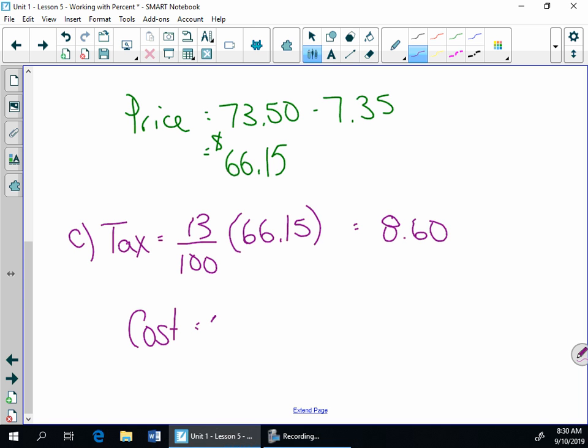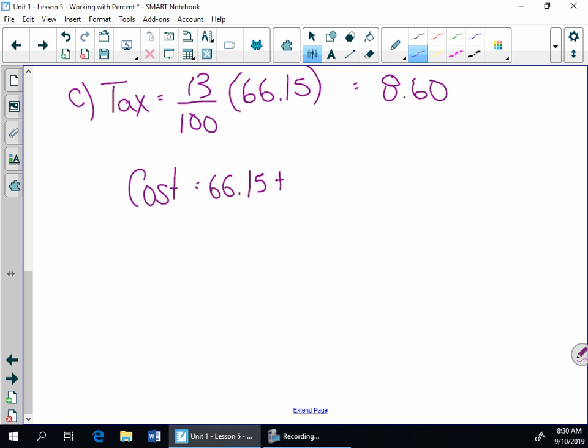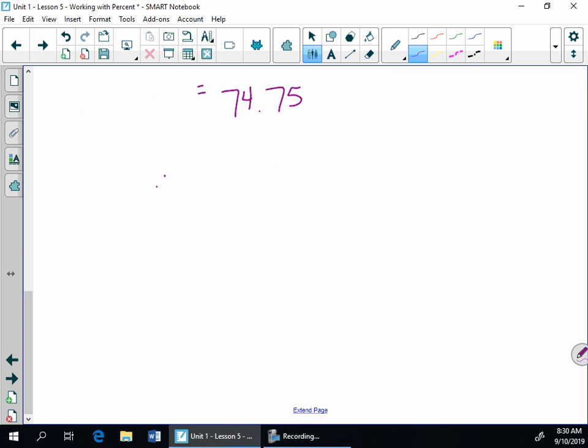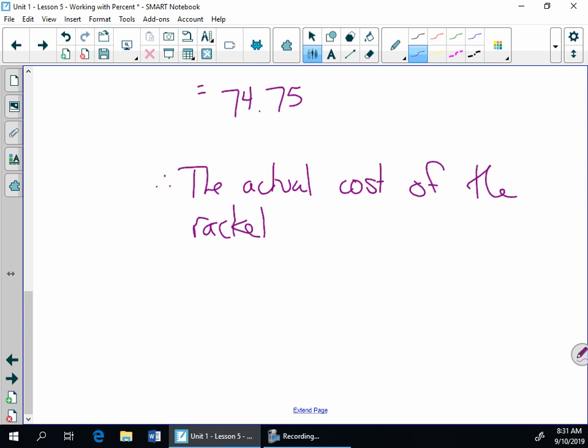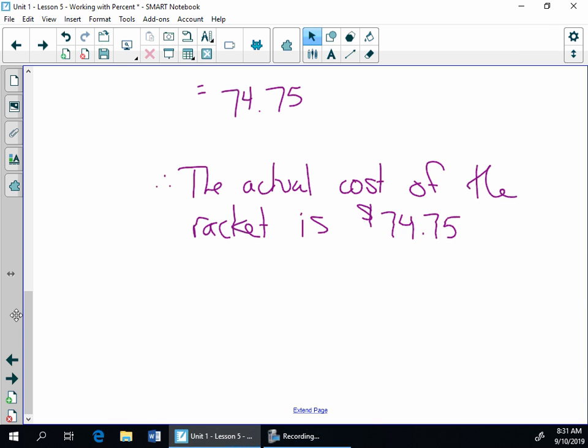Well, it started at $66.15, and then we have to add taxes to it because taxes are a markup, $8.60, and we end up at $74.75. The actual cost of the racket is $74.75. And that question, if you could do it, covers everything we need to know about percents, basically.